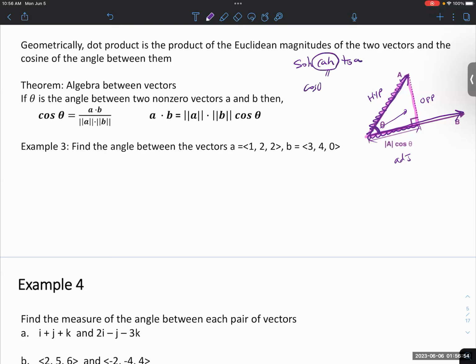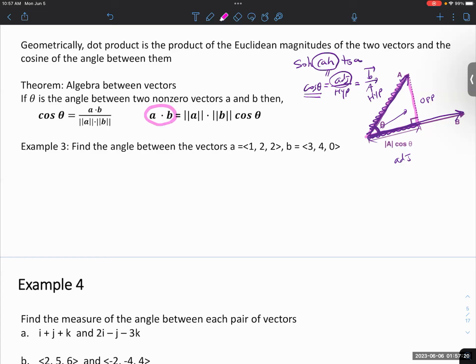Cosine theta is adjacent over hypotenuse, where adjacent is the b vector and the hypotenuse is the a vector. So the a and b vectors always create the cosine angle. Therefore, you can use a dot product to multiply two vectors.